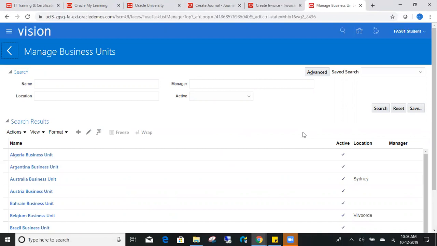US I have one business unit, and Australia I have a business unit. Here I am using a net 30. Here I am using a net 20. Here I am using a net 10. That means 10 days later you can pay, 20 days later you can pay, 30 days later you can pay. So everything is a different one. There is no common payment term between the business units.